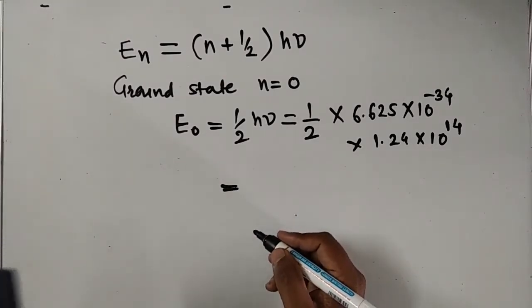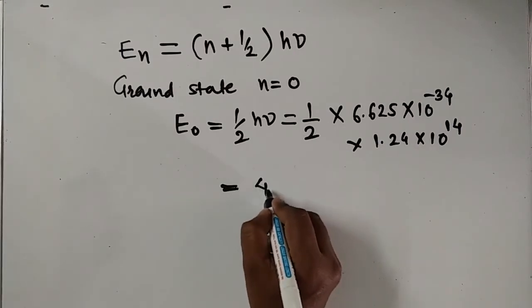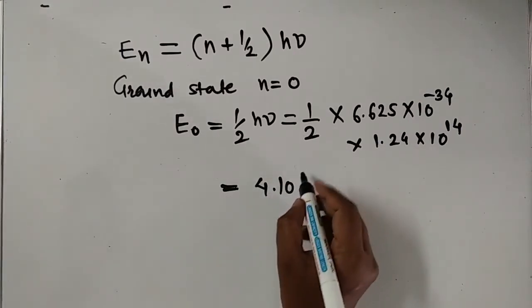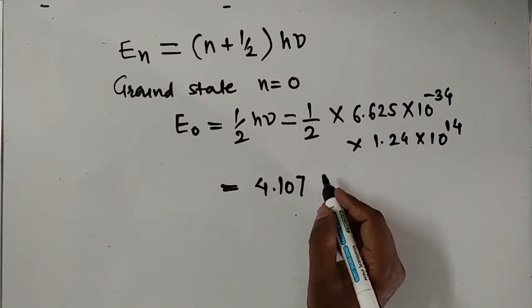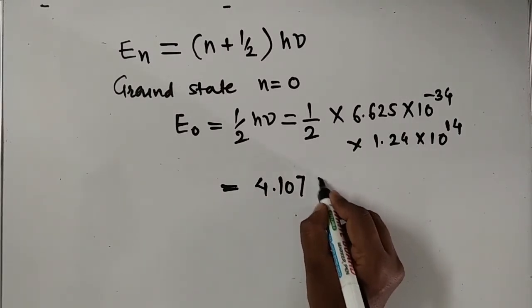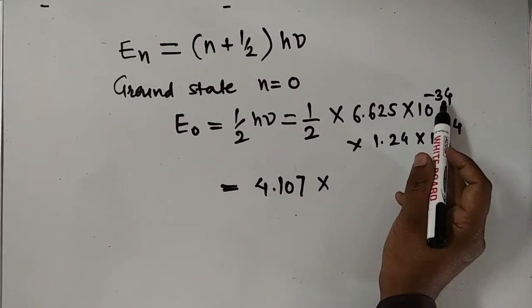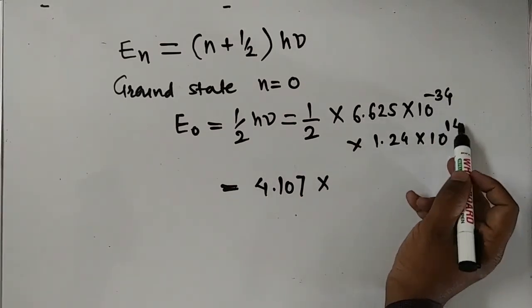So let us calculate the energy, right. So it is 1/2 means 0.5 into 6.625 into 1.24. So that number comes out to be 4.107, right.